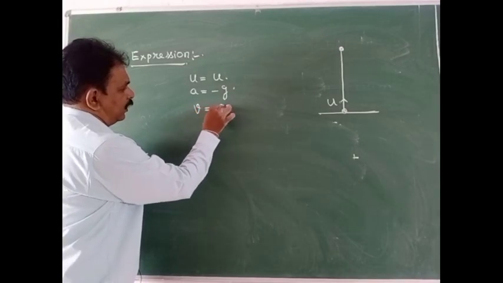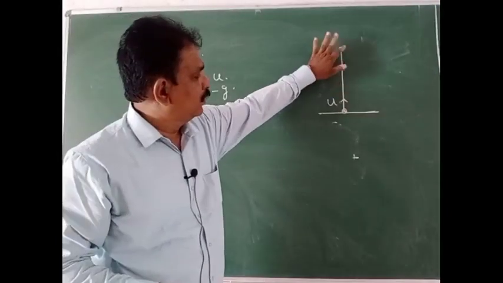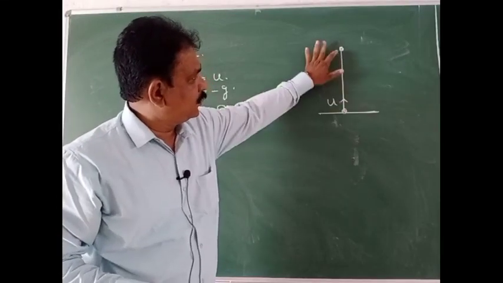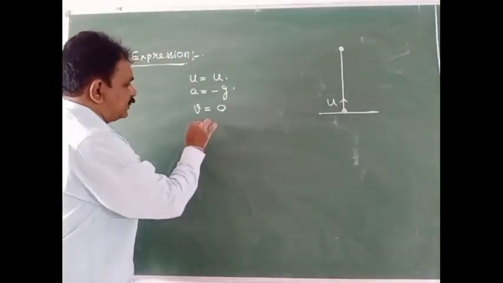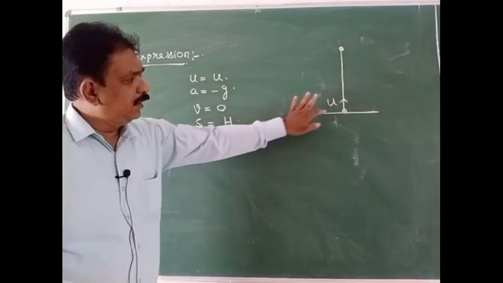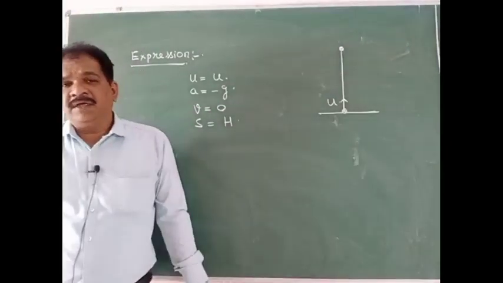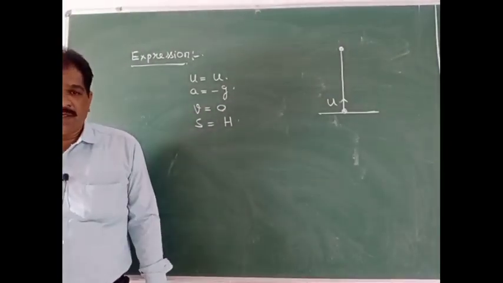What is the final velocity? 0. When it reaches here, its velocity becomes 0. What is the displacement? H. Here to here, how much distance is there? That will be called the maximum height.